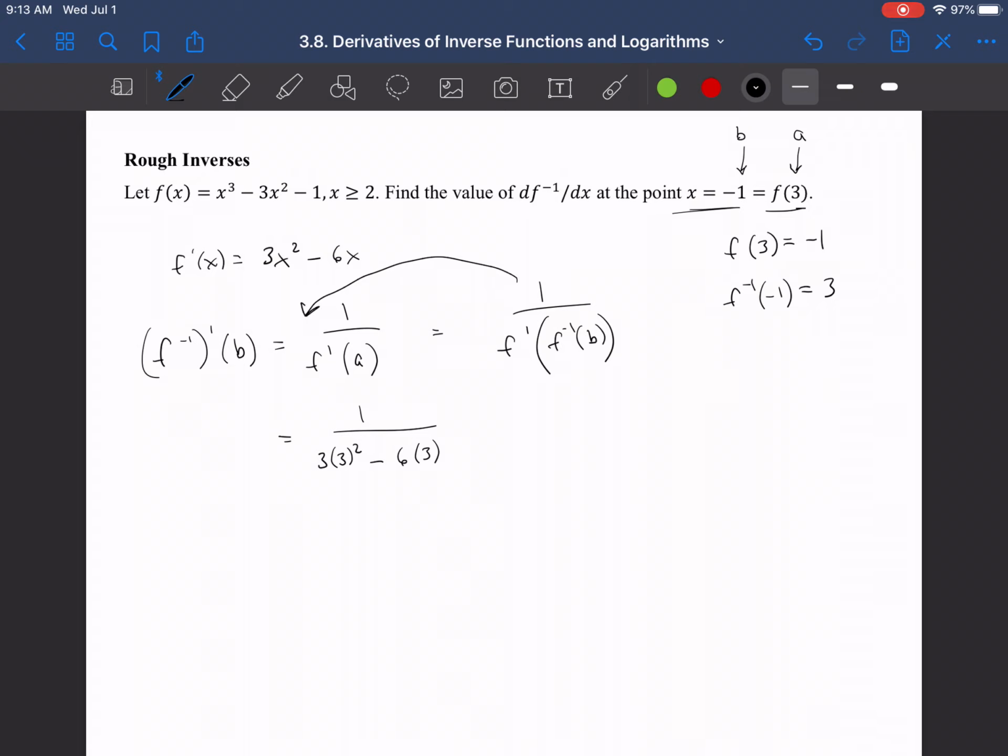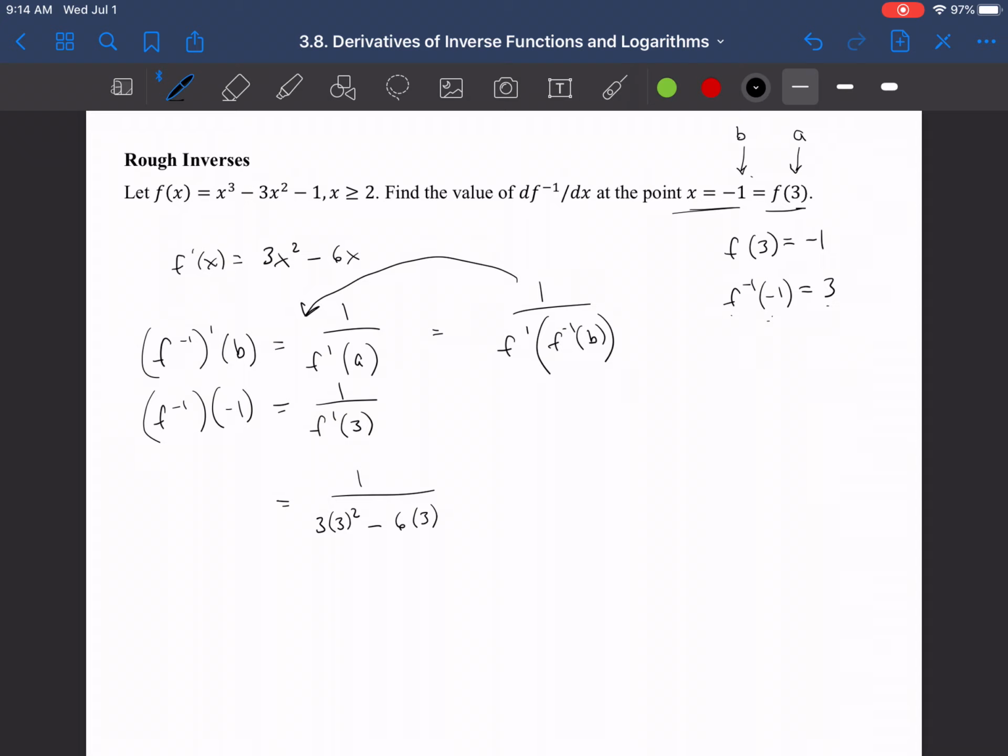That's why it's f of that. And so it becomes f inverse prime of negative 1 is equal to 1 over f prime of 3, like that. Okay, because f inverse of negative 1, which is the b, is 3. All right, so I just wanted to clarify that. I started thinking that maybe I wasn't super clear there. So anyway, if it doesn't make sense, be sure to just ask me about it.